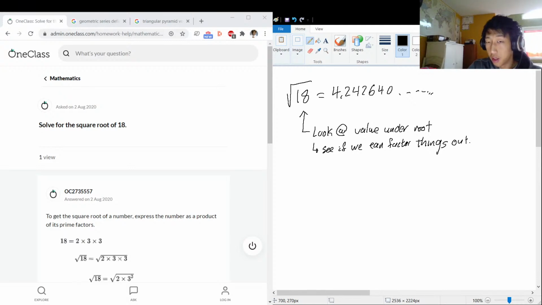Let's try to do it as many times as possible. Get as many terms under the root as possible. So basically looking for the smallest factors. Or if you find a factor that also has factors, keep on factoring it out.